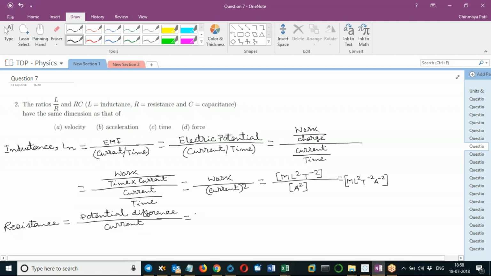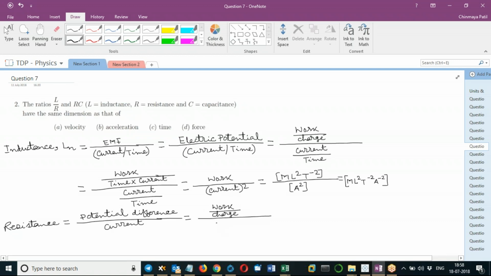Now let's see what is potential difference. As we already did during the calculation of inductance, potential difference is nothing but work divided by charge.